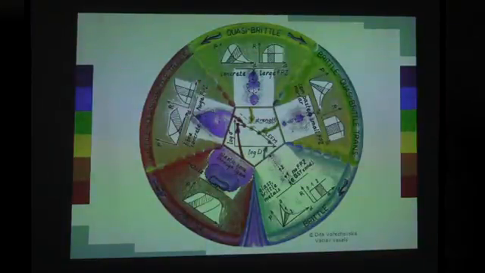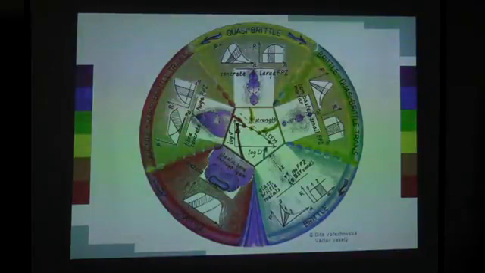So why do we need the description? The description is quite nicely expressed in that handmade picture done by my colleague, in that mandala.